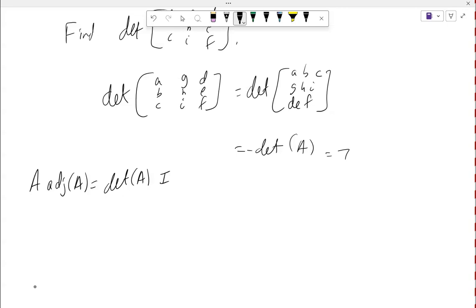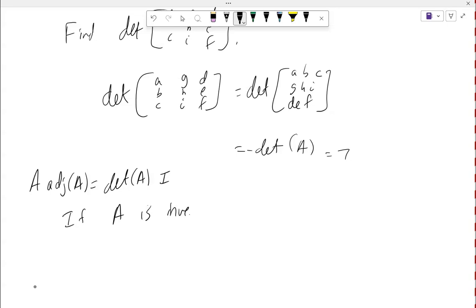We get a diagonal matrix where every single entry on the main diagonal is the determinant of A. This works for any matrix A, but if A is invertible, we actually get a formula for the inverse of A by rearranging things.